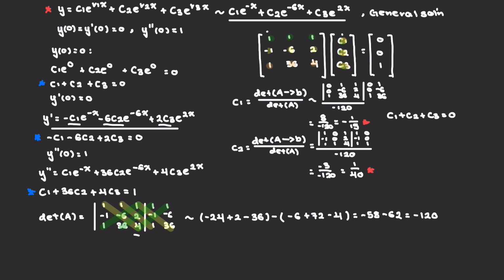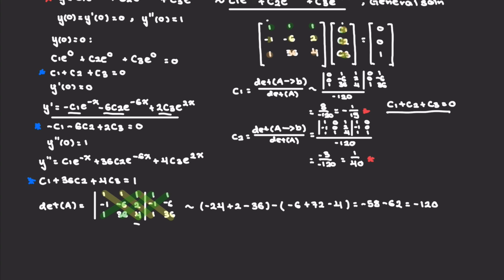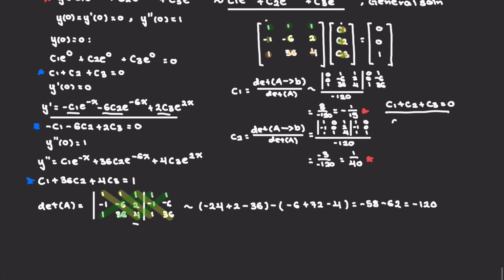If you don't want to do another Sarrus method and then divide by the determinant, if you think that requires a lot of work, we can just use this equation to our advantage because we've got our C1 and C2 already, so we just need to set C3 equal to negative C1 minus C2, and we will get our C3 from there. So let's just do that for the sake of time here.